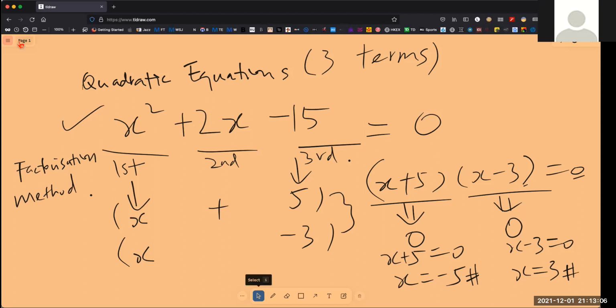Let me go to the next page. Question 16. Most likely you cannot see question 16 because you are supposed to see the white canvas.